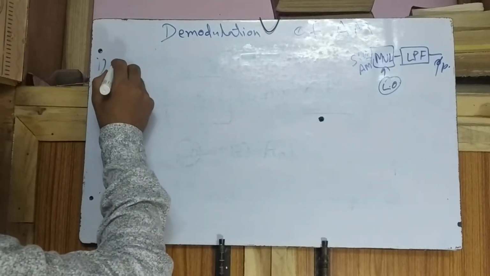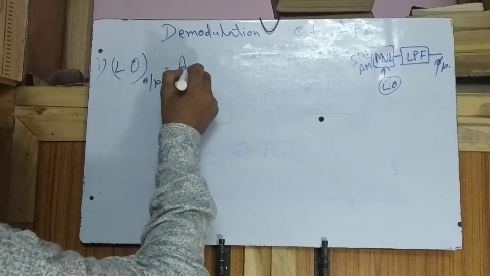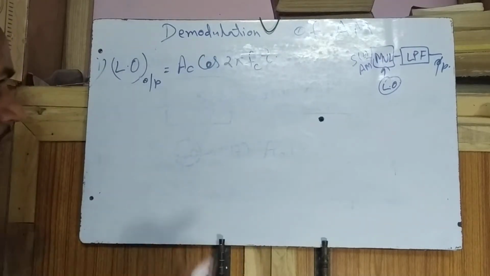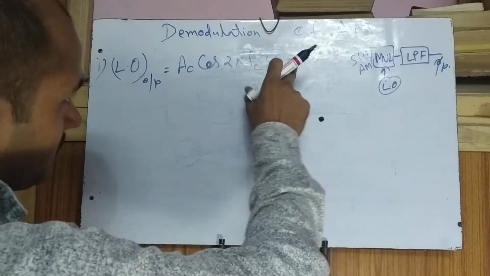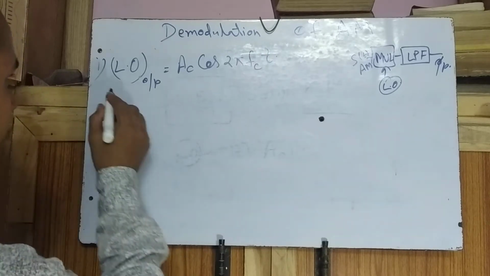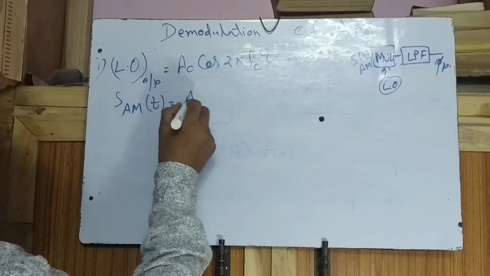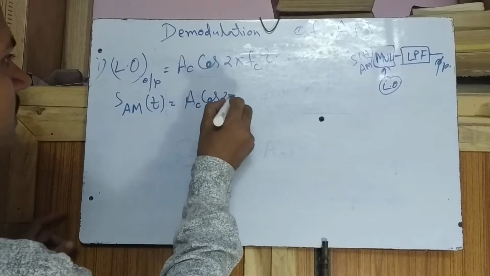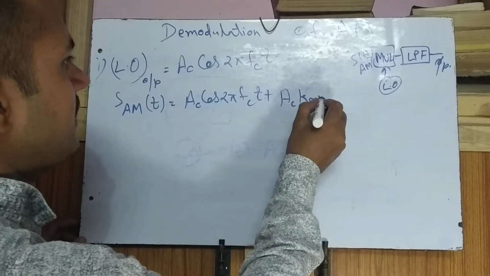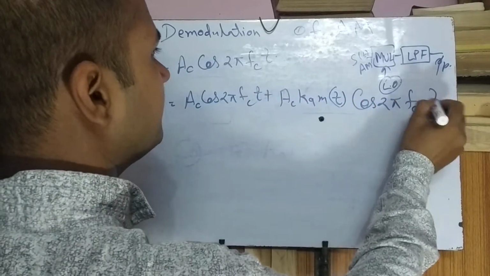So let the local oscillator output be Ac cos(2πfct), in frequency and phase both synchronized with the transmitter carrier, and our S_AM(t) is Ac cos(2πfct) plus Ac ka m(t) cos(2πfct).